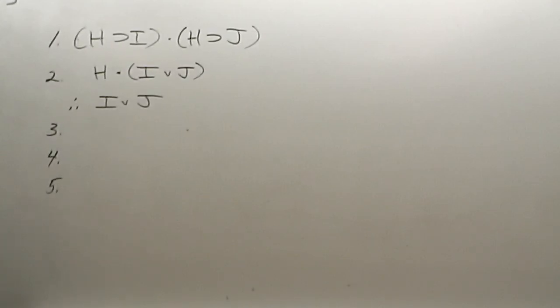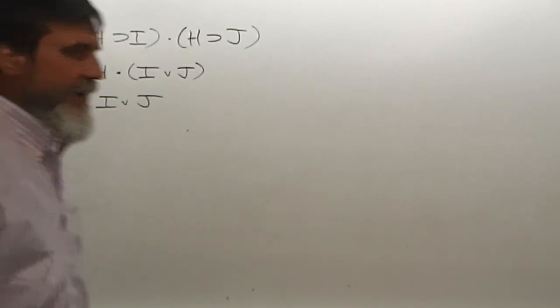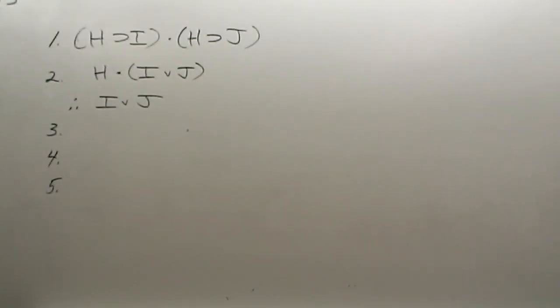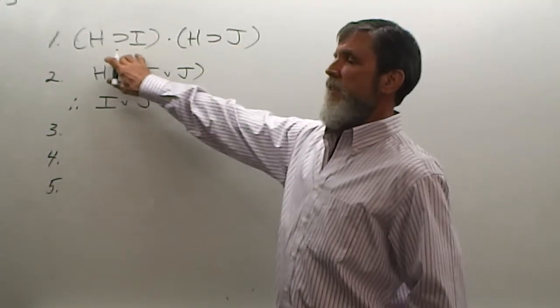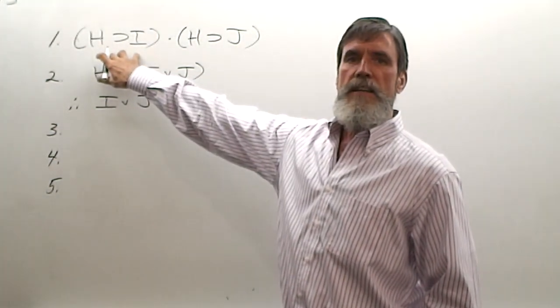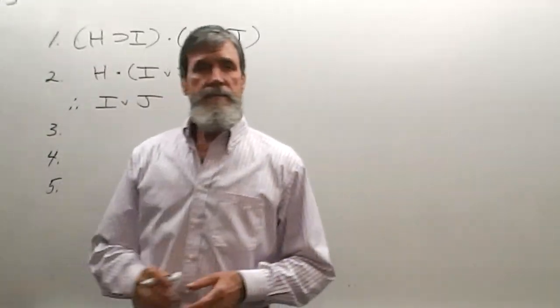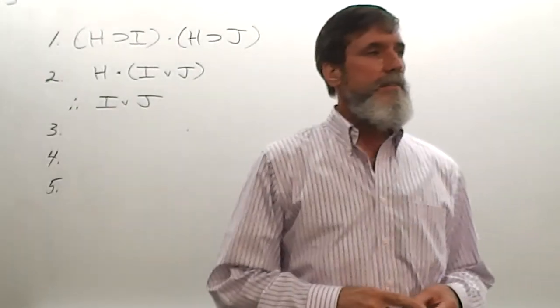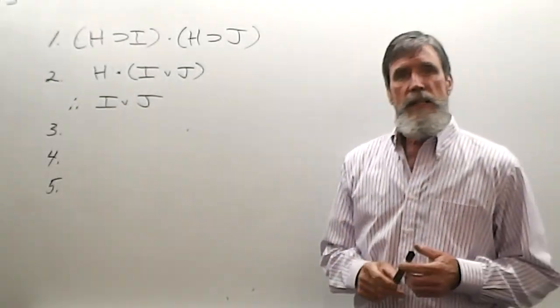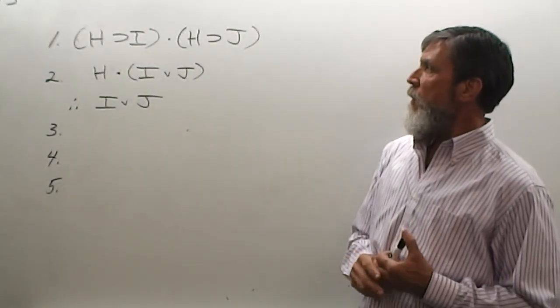Okay, that first premise, you should be anticipating either simplification, in which case we would extract H horseshoe I, right? Or constructive dilemma, in which case we would create what?